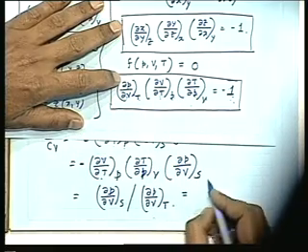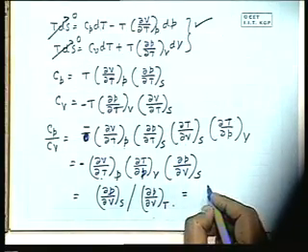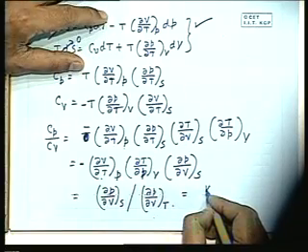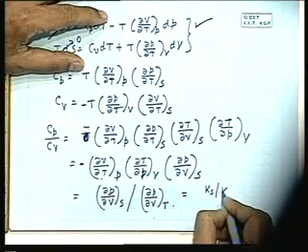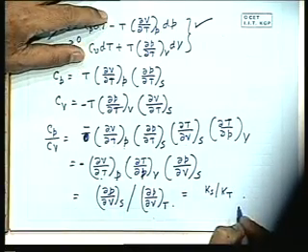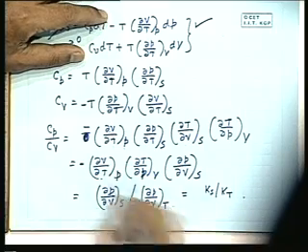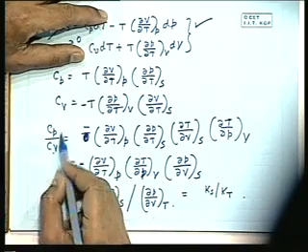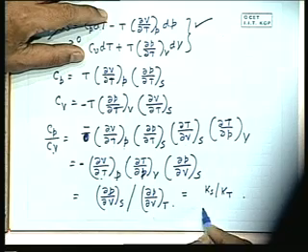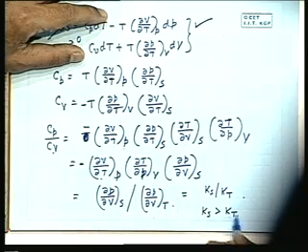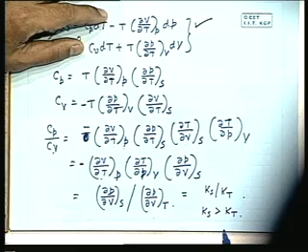So this becomes equal to, as I have defined earlier, the isentropic compressibility by isothermal compressibility. Well, since Cp is greater than Cv, this will be greater than 1, which proves that isentropic compressibility is greater than the isothermal compressibility. It's clear? Okay.